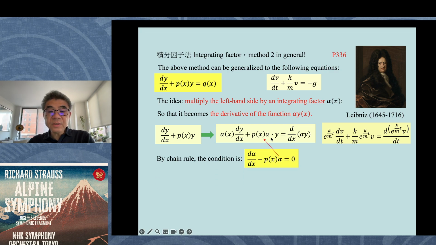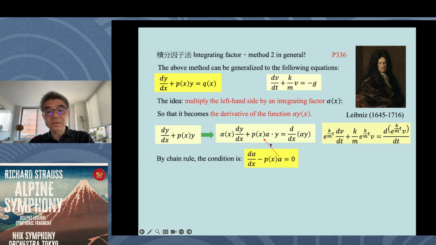So it is easy to see that in order for this equation to be satisfied, this alpha must satisfy d alpha dx minus px times alpha equal to 0. That means this factor must be equal to d alpha dx. I think that's not very difficult to see. If you use the chain rule to take this derivative, you get the first term, and the second term should be d alpha dx times y.